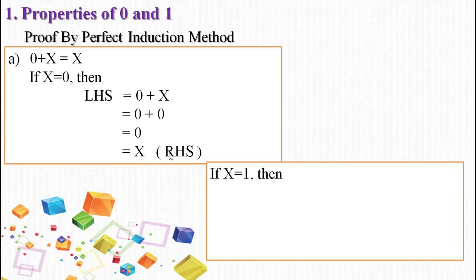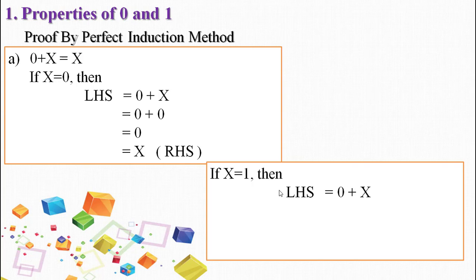Then, because the value of x was taken as only 0, now in the next expression, the same property A, that is 0 plus x is equal to x, the time is to substitute the value of x equal to 1.